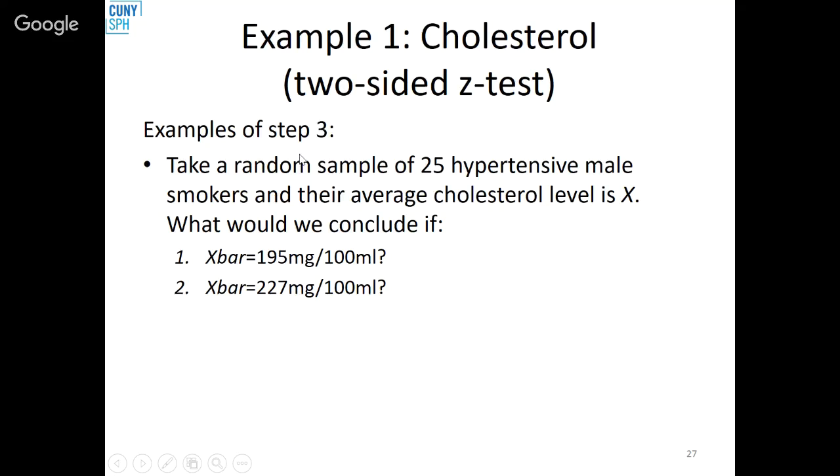In step three, we've done our experiment. Let's take a sample of 25 hypertensive males and say that the average cholesterol we measured is X bar. What would we conclude if X bar is equal to 195?